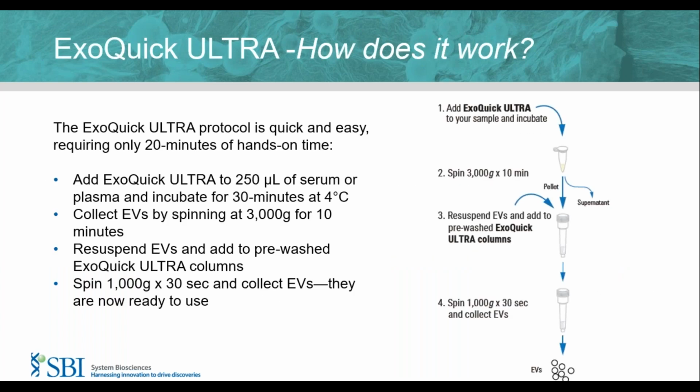So how does this work? It's a very easy protocol, based again on our ExoQuick precipitation isolation. The only difference is that once you have precipitated your EVs, you do a column-based cleanup, which is just an extra 10 minutes on your isolation procedure.